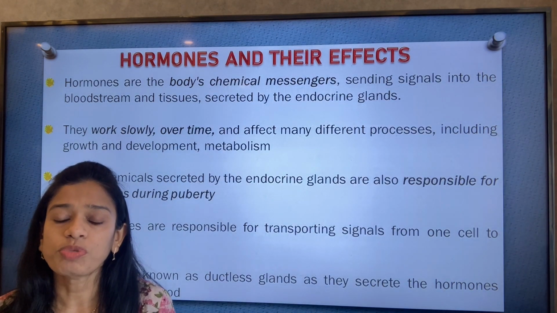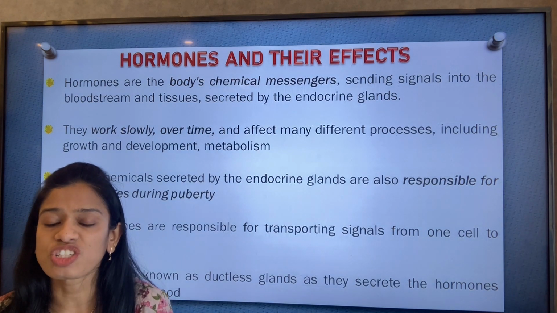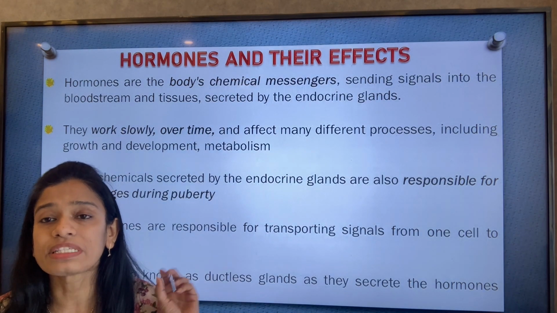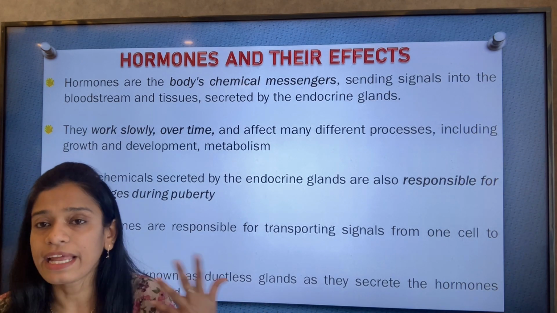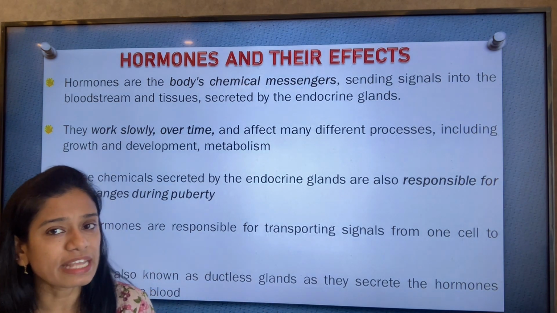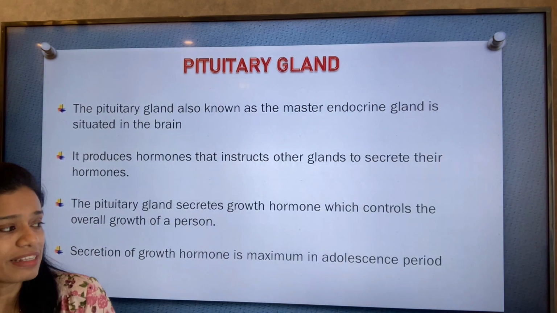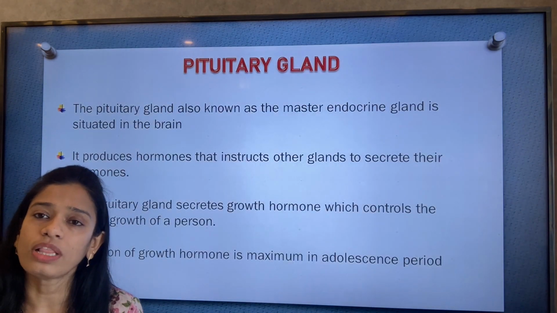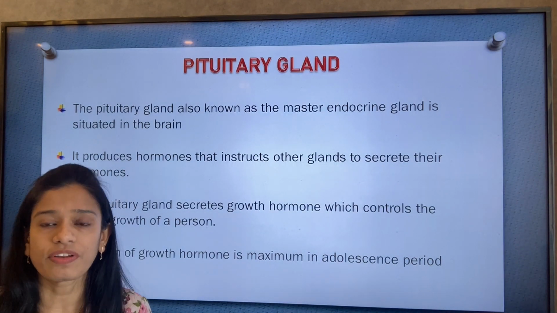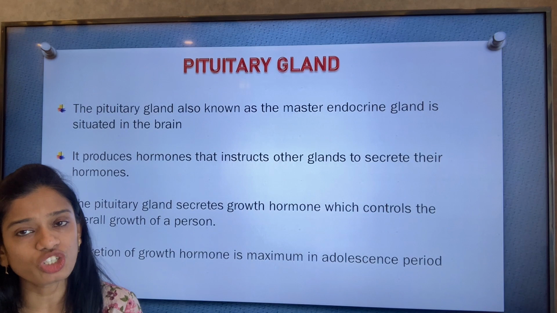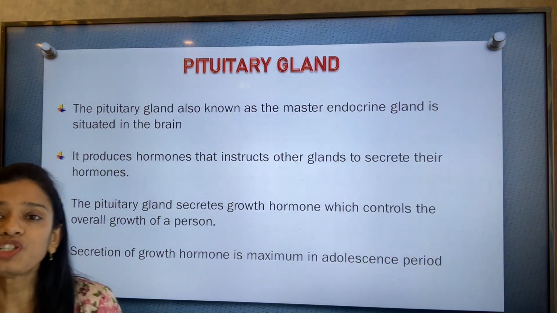Now, with all these hormones that we are talking of, there has to be some gland which controls all these other glands. There has to be some master gland. So let's have a look at it. The master gland that controls all the other glands and their secretions, their putting the secretions into the bloodstream or the tissues, is the pituitary gland.